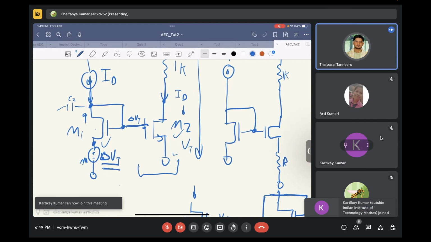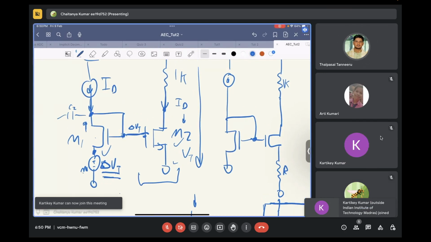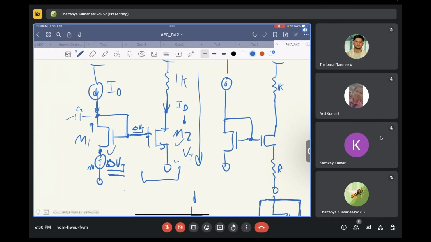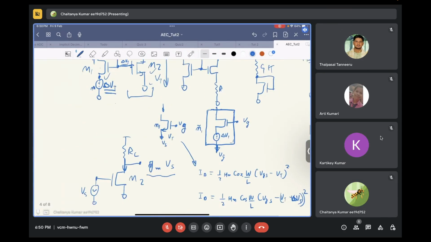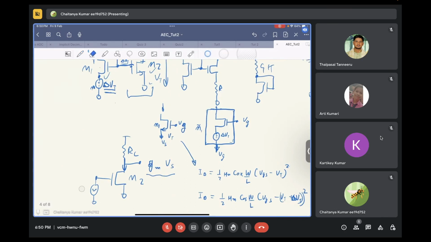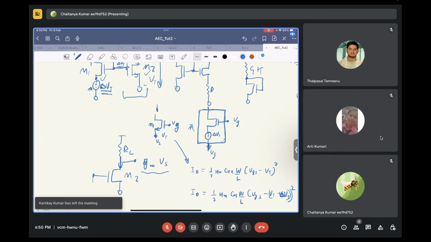This is the equivalent of, let's say, instead of Vs in the small signal analysis, I am applying a DC voltage of delta Vt. Do you understand this? Yes, sir.